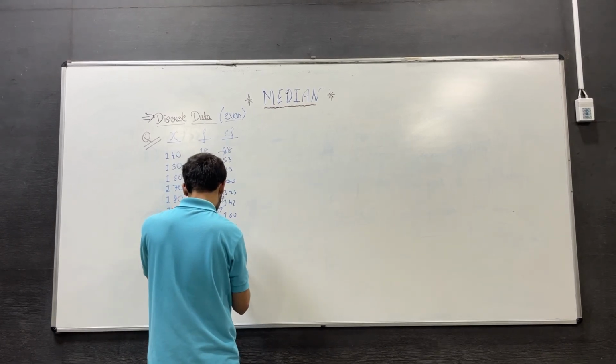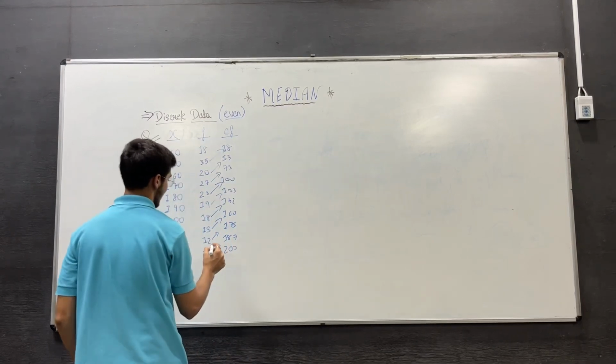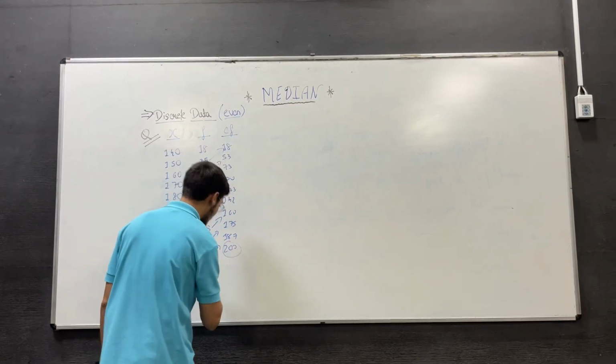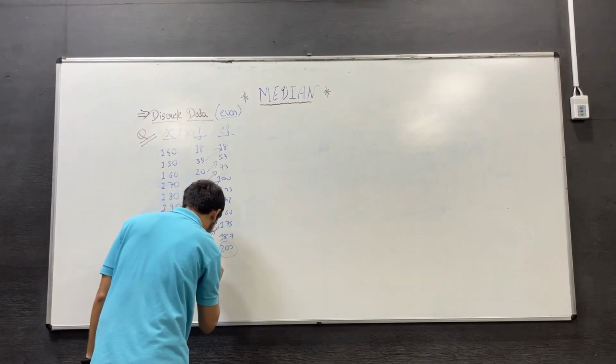And at last 187 plus 13 will be 200. So at last over here we are getting cumulative frequency 200. So the summation of the frequency will also be 200.